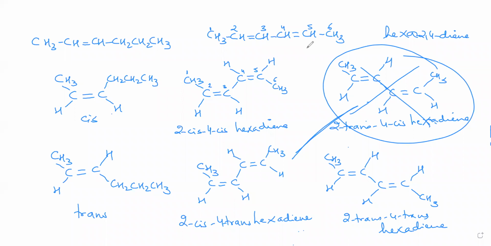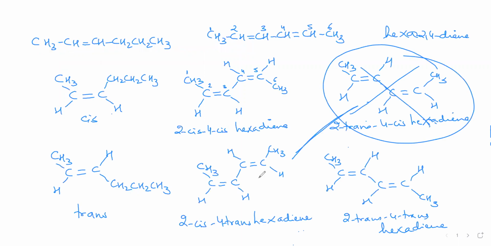Can I proceed? Yes, Aisha, only 3 isomers for that diene, because these two have become the same. So you can have this configuration, and this configuration. Fine.